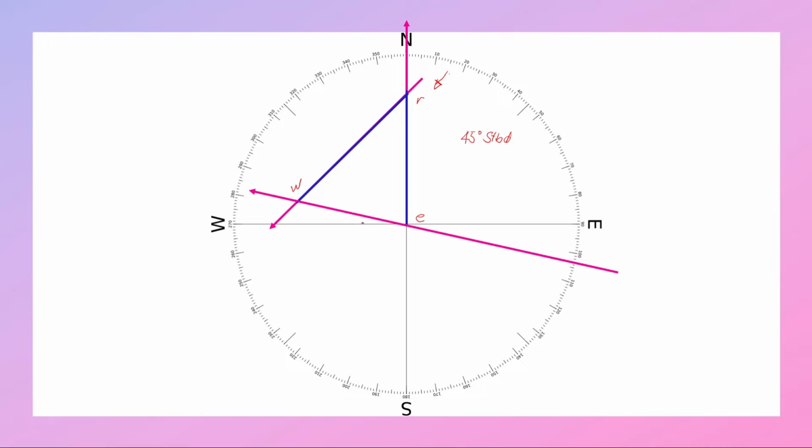Remember that the wind direction is measured from where it is coming from and not where it is blowing to. Here, the true wind direction is at 103 degrees true. Along this line from the center to W, measure the true wind speed.